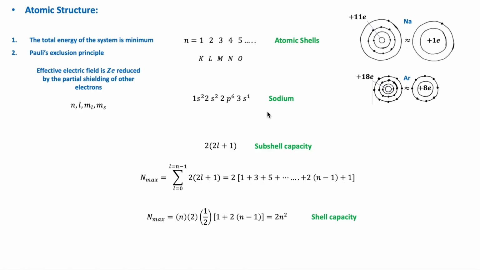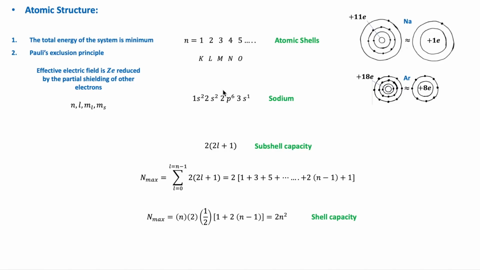So let's take sodium as an example. This shows the electron configuration for sodium. In the 1s subshell, which corresponds to n equals 1 and L equals 0, there are 2 electrons. In the 2s subshell, which corresponds to n equals 2 and L equals 0, there are 2 electrons.